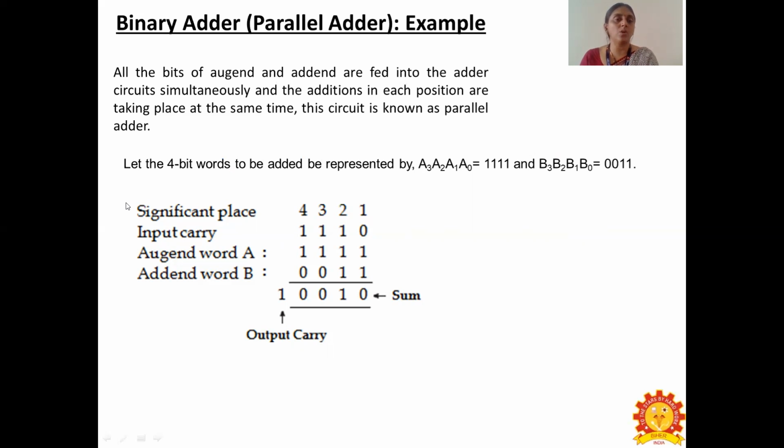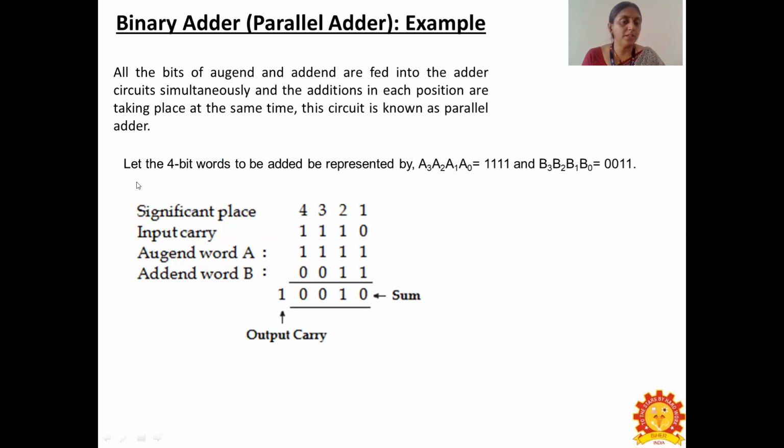All the bits of augend and addend are fed into the adder circuits simultaneously, and the additions in each position take place at the same time. This is called a parallel adder because we add every position of the individual numbers.